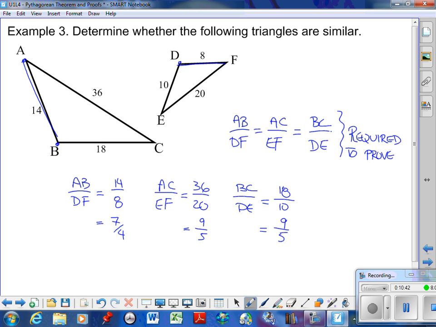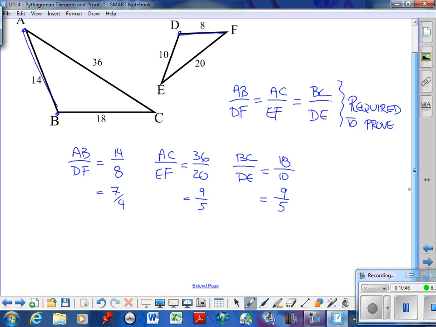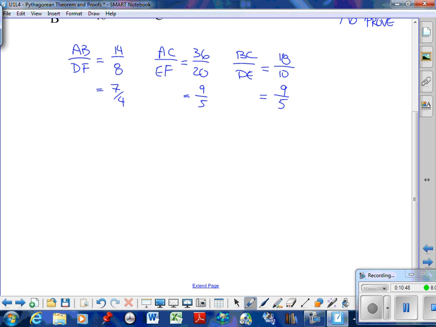So it's close, but close only counts in horseshoes and various other games like that. Because the first fraction is in fact not equal, so we put a slash through that, and AC over EF and BC over DE, the last sets of fractions, were equal.